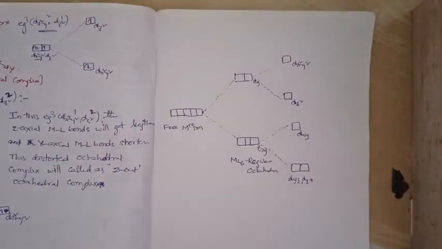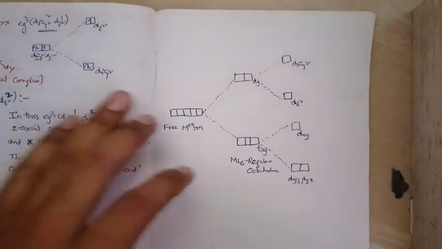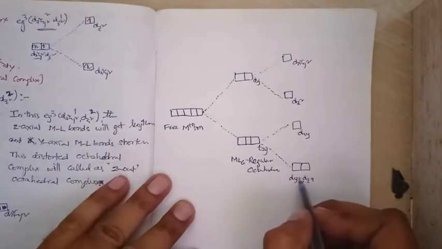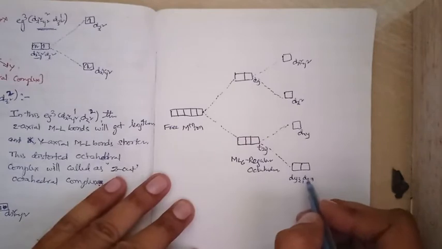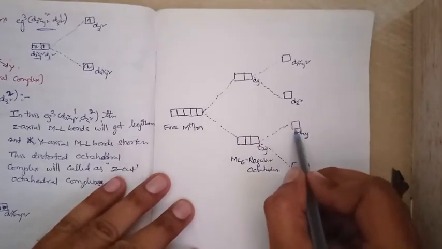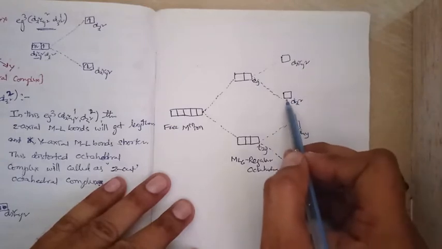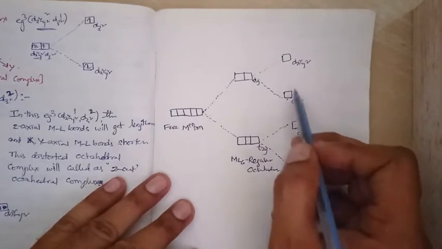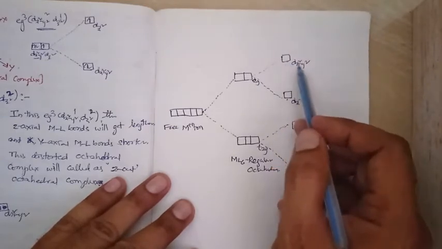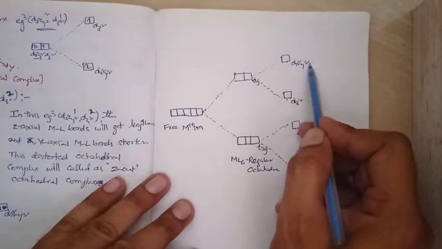This is how the T2g, when it splits in distorted octahedral, has lower energy states of 2 orbitals and a higher energy state of 1 orbital. Same for Eg: when it splits, there is a lower energy state of dz square and a higher energy state of dx square minus y square, right?